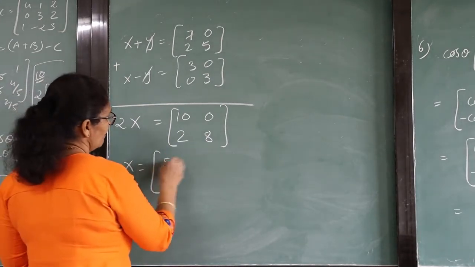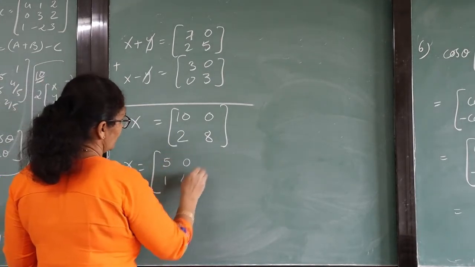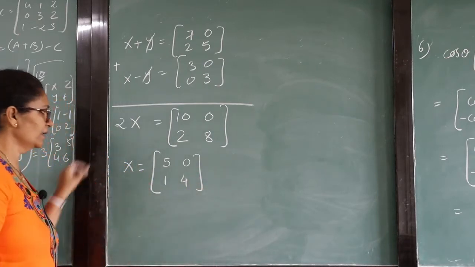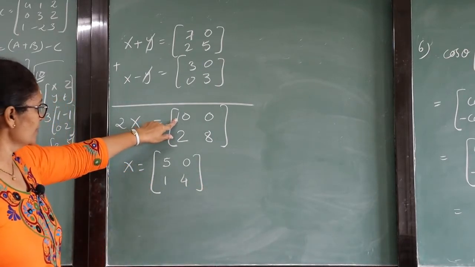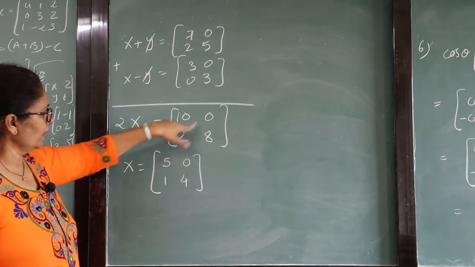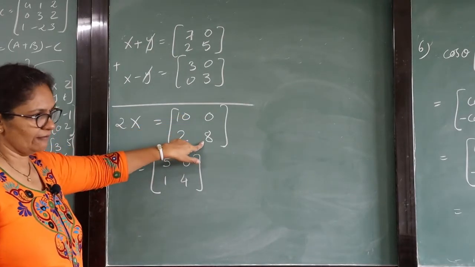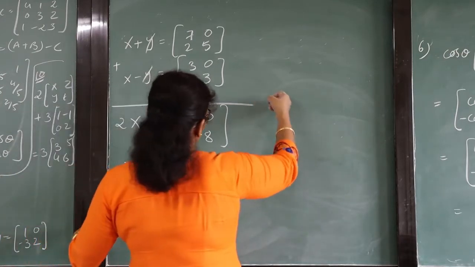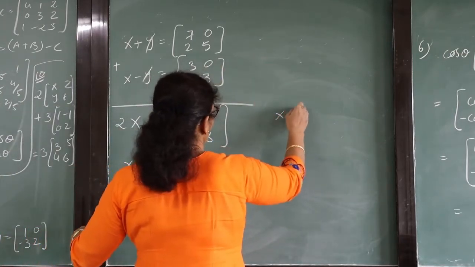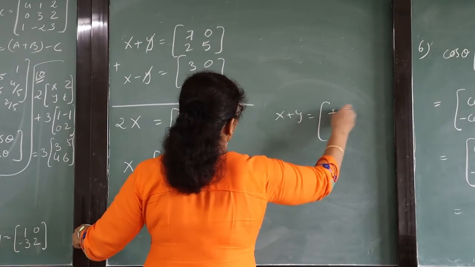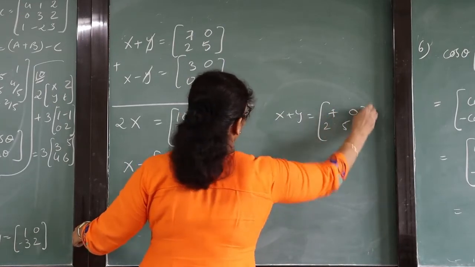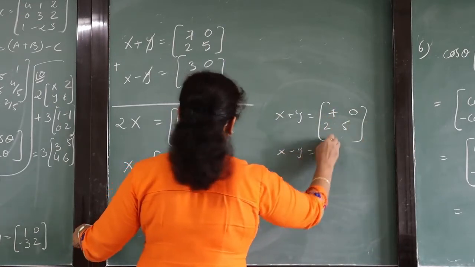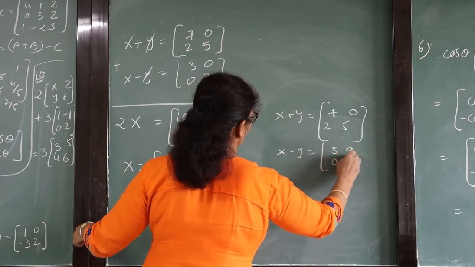Now this is for 2x, so x will be divided by 2. When you divide by 2, this will be 5, 10 became 5 because 10 by 2 is 5, 2 by 2 1, 0 by 2 0 and 8 by 2 is 4. Same way, let's take subtraction of these two. So x plus y is 7025, x minus y equal to 3003.